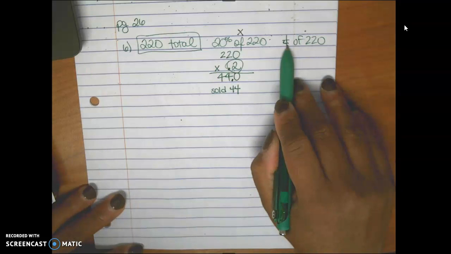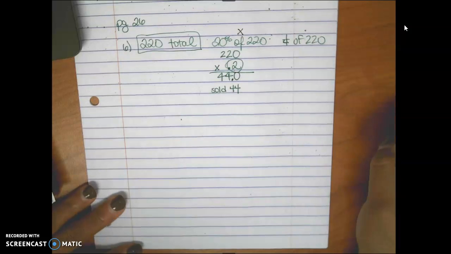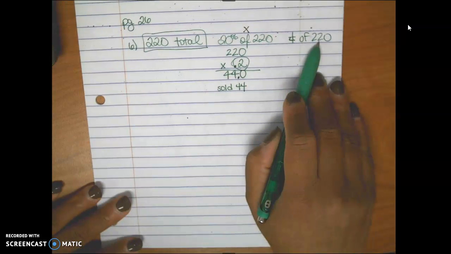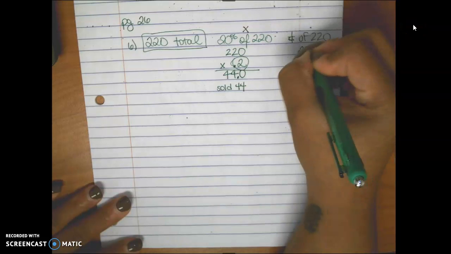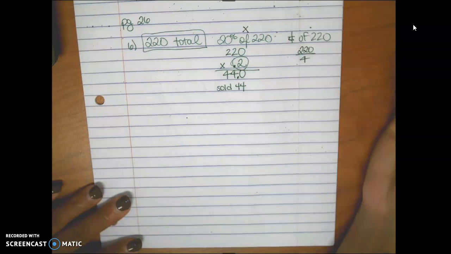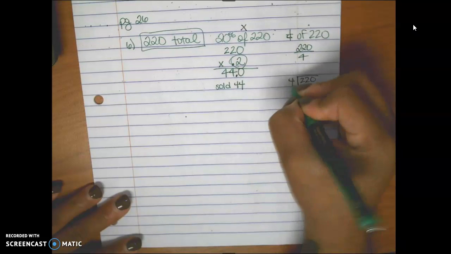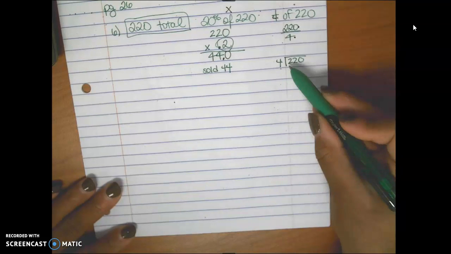If I'm finding a fourth of something, what am I doing? How many pieces am I cutting it into? 4. So if I want to cut 220 into some pieces, what am I going to do? 220 divided by 4. T-bow, top in, bottom out. Top goes in, bottom number goes out. 4 into 22.